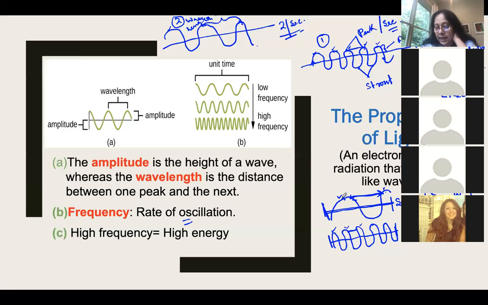But over here, frequency is less, means it just made 2 peaks. But over here, frequency is really high. It made 1, 2, 3, 4, 5 peaks. This part you got, right?